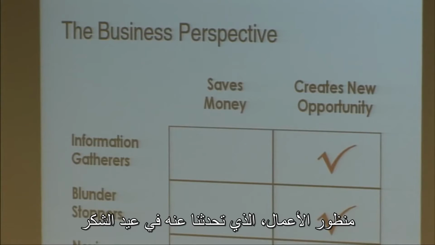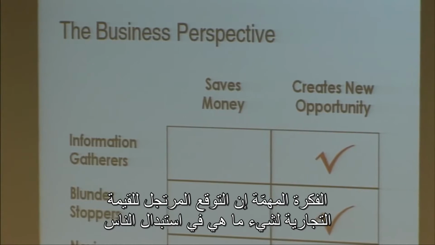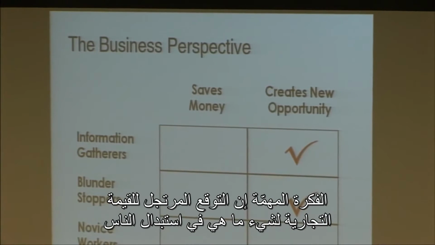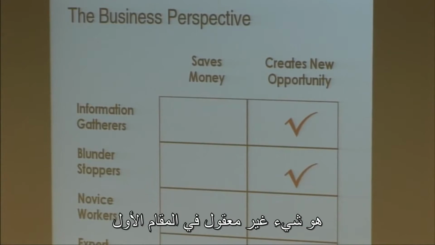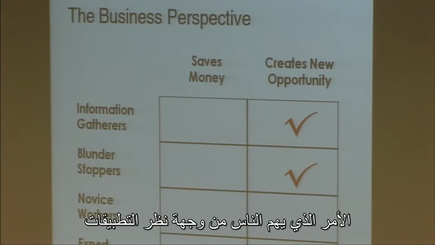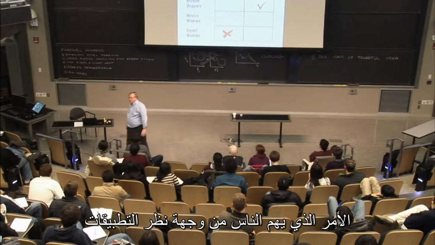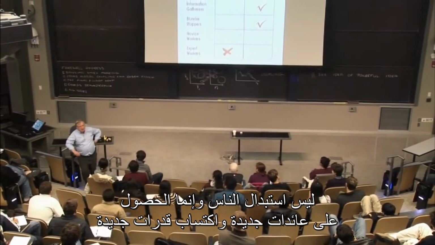The business perspective, which we talked about on Thanksgiving. The important idea being that the knee-jerk expectation that the commercial value of something is in replacing people is not sensible in the first instance and demonstrated to be unlikely and untrue in the second instance. The thing that turns people on from the point of view of applications is not replacing people, but making new revenue, making new capability.